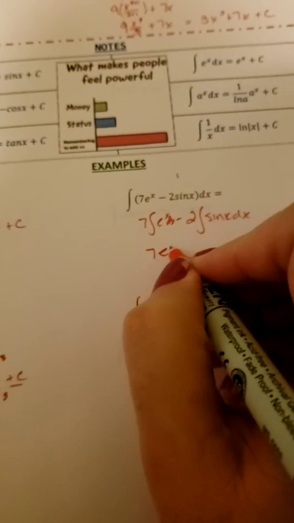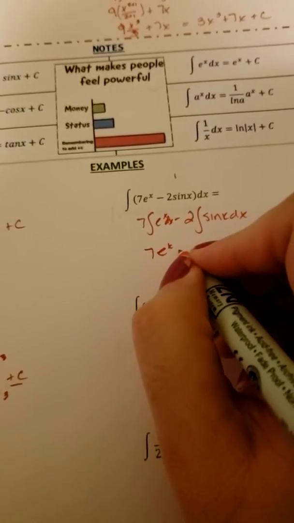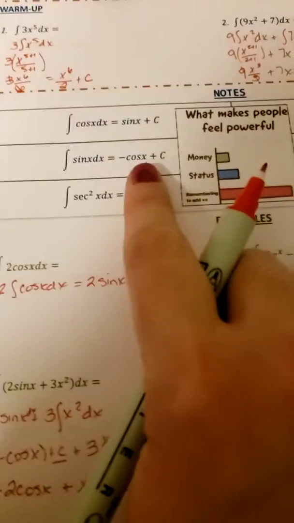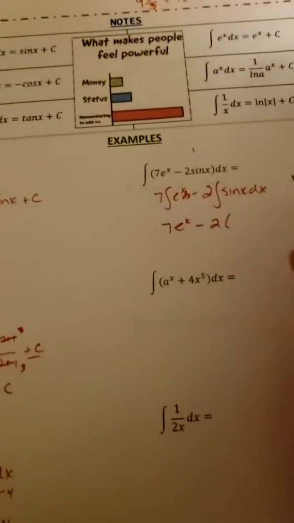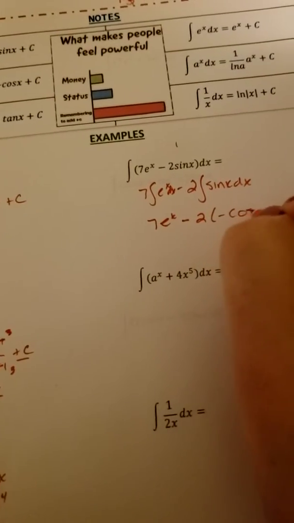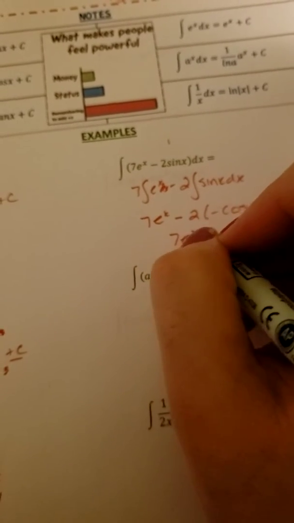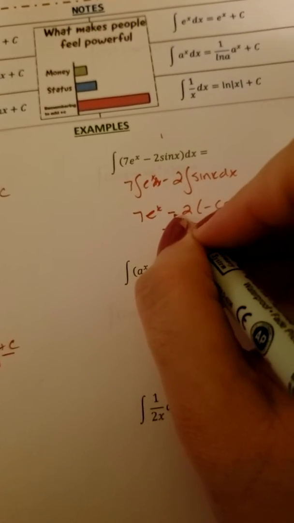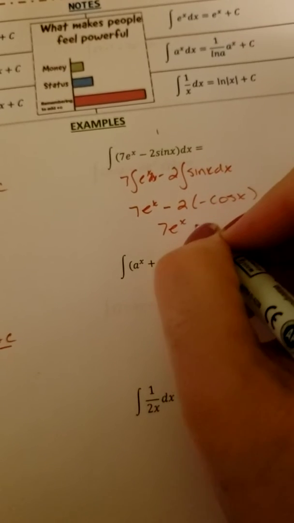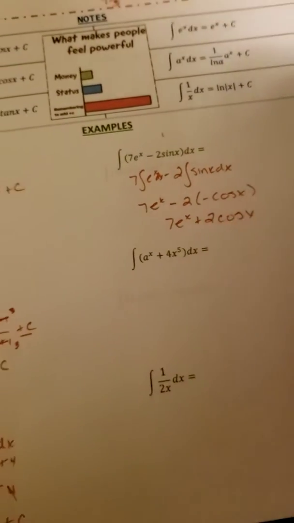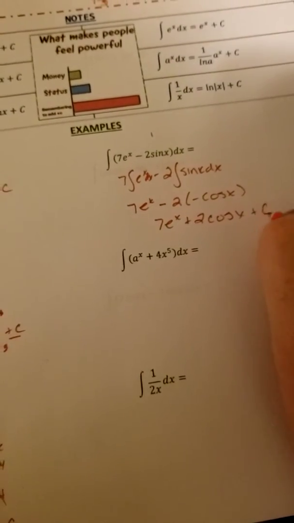So 7e to the x power minus 2 times the integral of sine x, which is negative cosine x. So that gives me 7e to the x power, negative 2, and then the negative cosine. We'll actually make that plus 2 cosine x plus c.